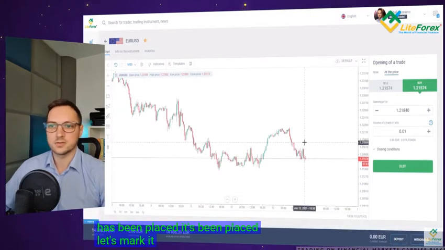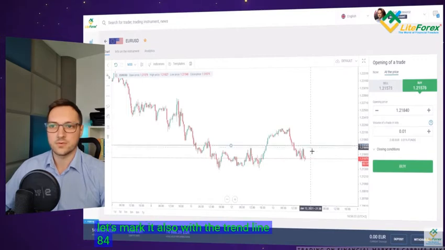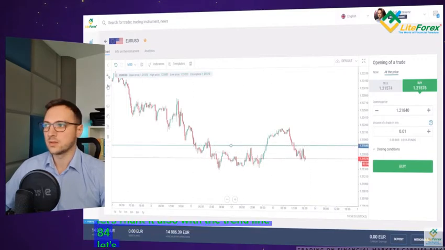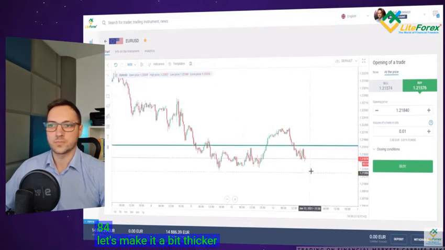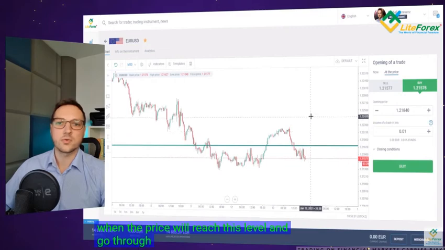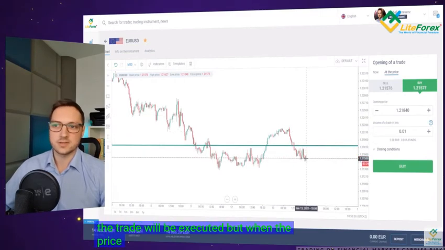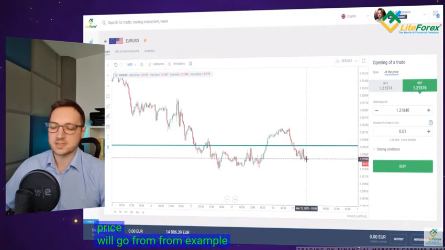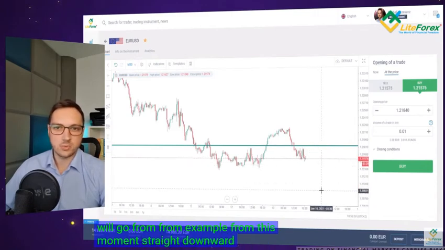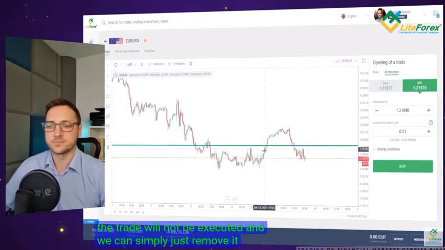Let's also mark it with a trend line at 84 and make it a bit thicker. So now, when the price reaches this level and goes through, the trade will be executed. But if the price goes straight downward from this moment, the trade will not be executed, and we can simply remove it.